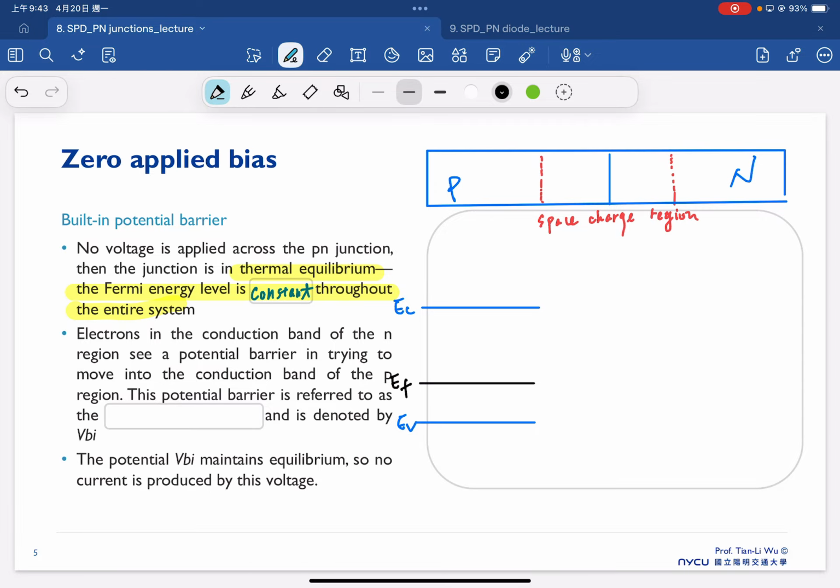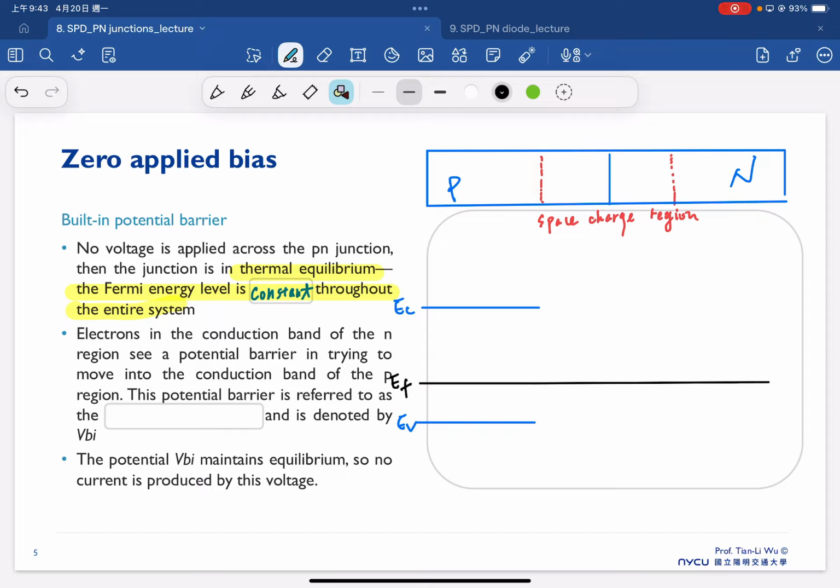That's the very fundamental knowledge related to N and P. But because this is under the equilibrium case, the Fermi energy should be constant through the whole system.